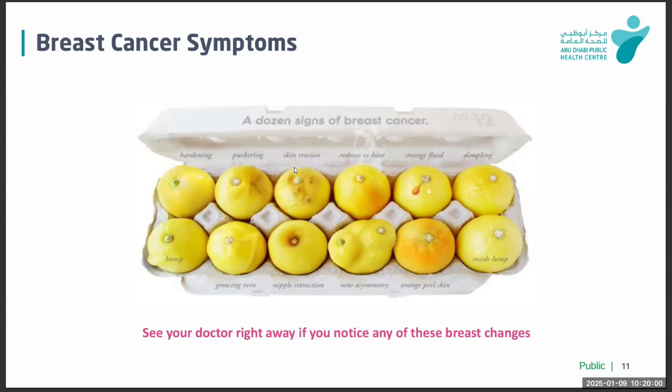Then next is skin erosion. One manifestation of breast cancer is different types of skin, eczema-like skin changes on the breast, redness or heat in one area, strange fluid or strange secretions coming from the nipple, dimpling of the breast, then a bump or lump in the breast that is usually unusual.